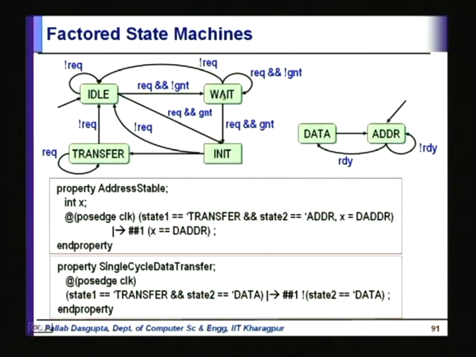One has idle, wait, init, and transfer, and in this transfer we have the data and address cycle. So you can rewrite the properties like this: state 1 is transfer, state 2 is ADDR, then if x is ADDR, then in the next cycle also the address will be held, right. So it is the same properties now written with more than one state machine. The properties become slightly larger, but the state machines become simpler.